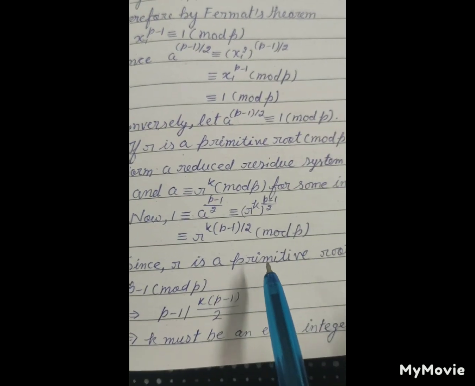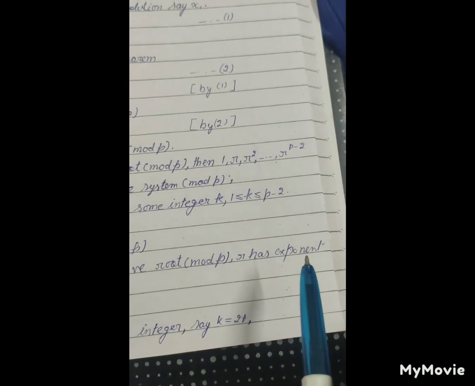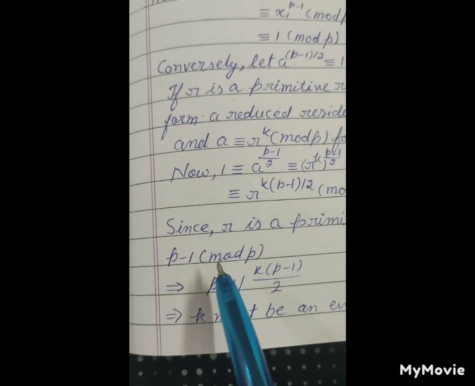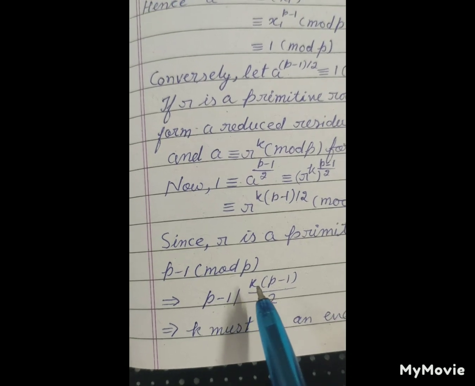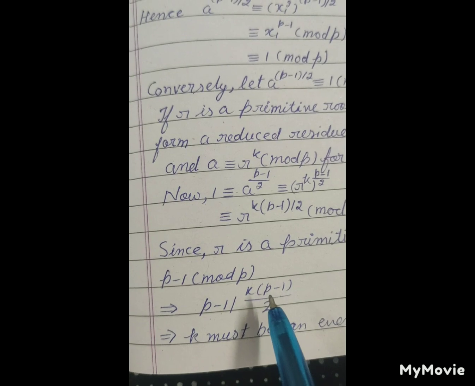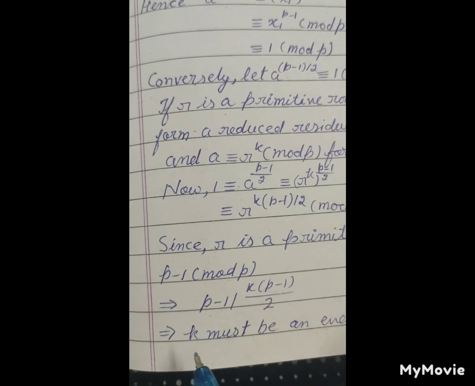Since r is a primitive root modulo p, r has exponent p minus 1 modulo p, which implies p minus 1 divides k into (p minus 1) upon 2.